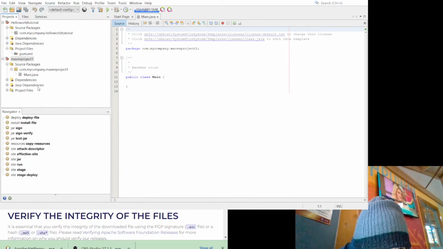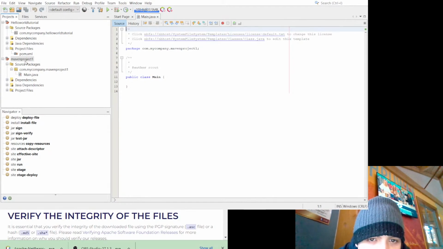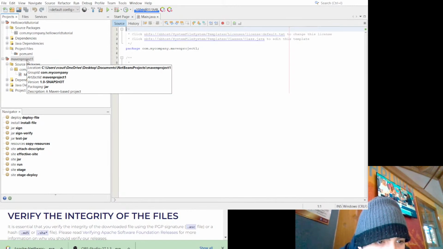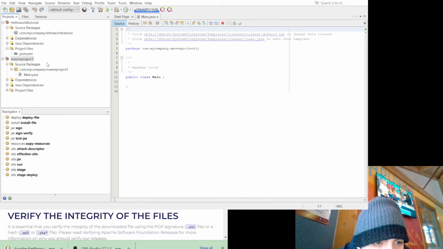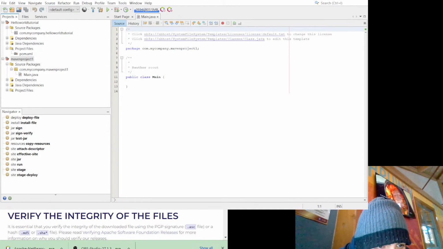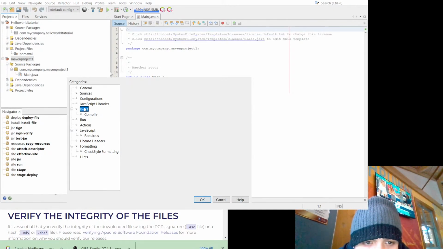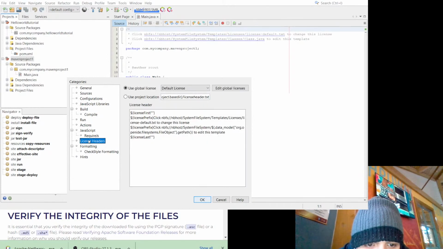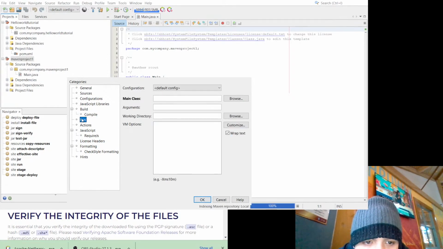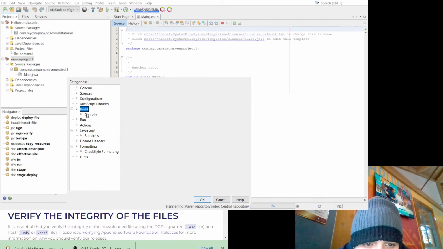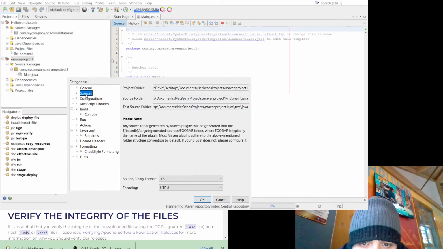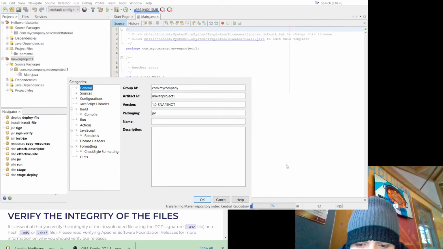There's no option to put in a main class.